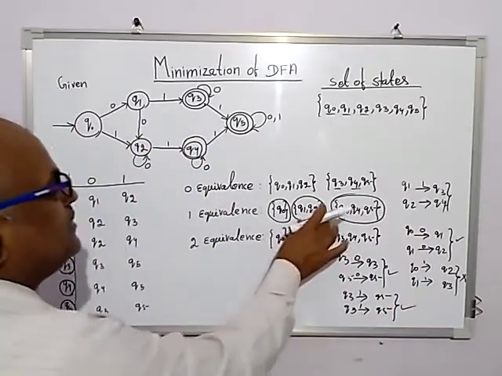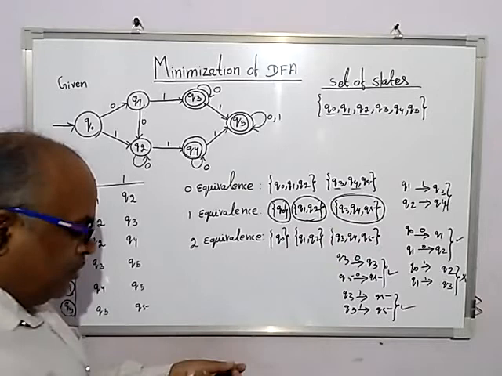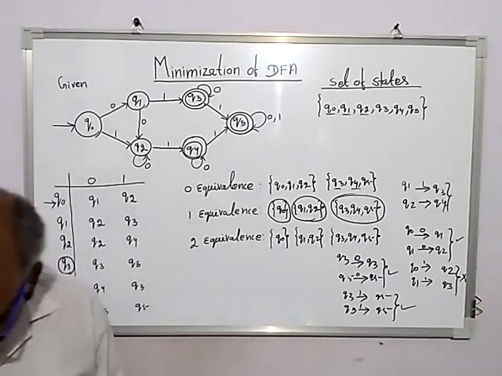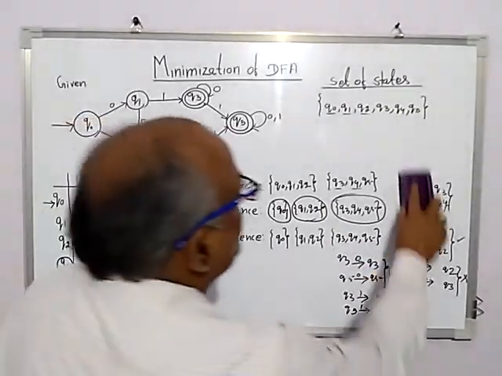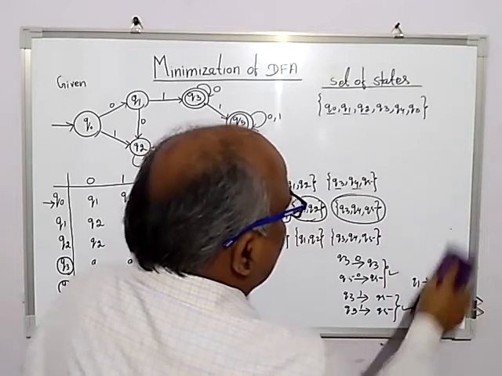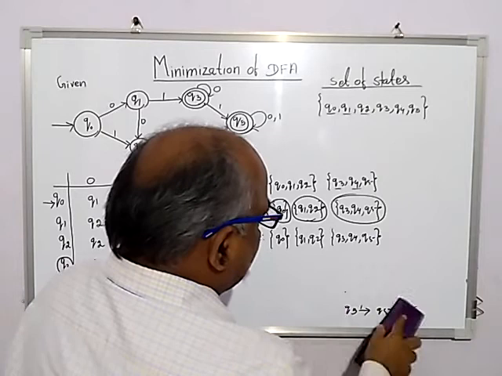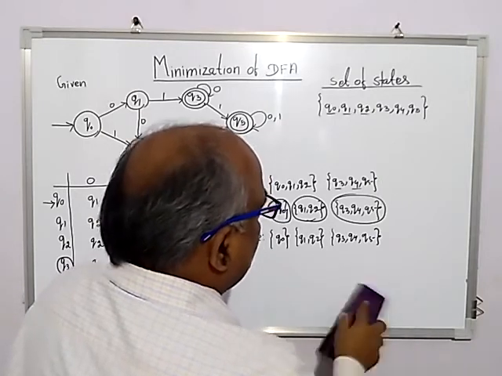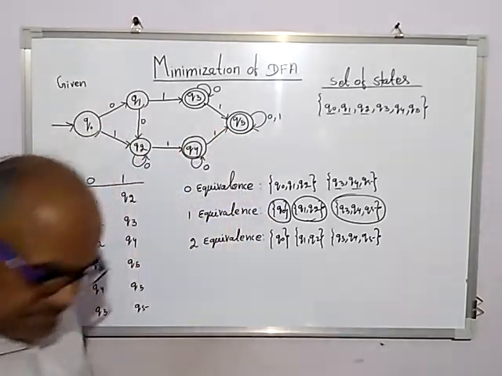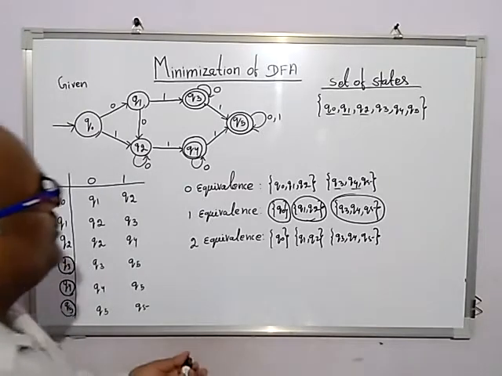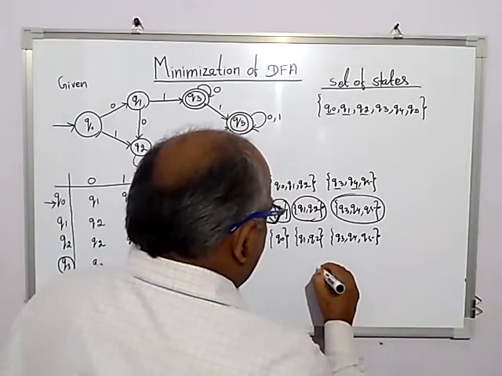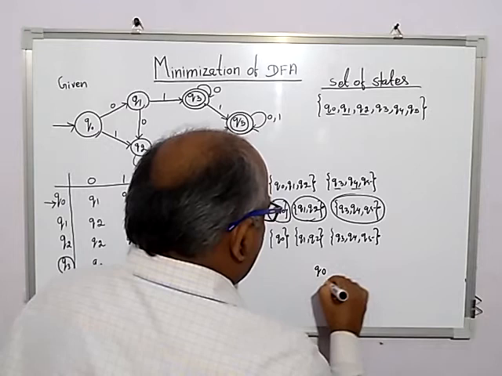By using these states, you have to draw the state transition diagram. So what will be the state transition diagram for minimized DFA? Since each subset we have taken as a state, Q0 is a state Q0.